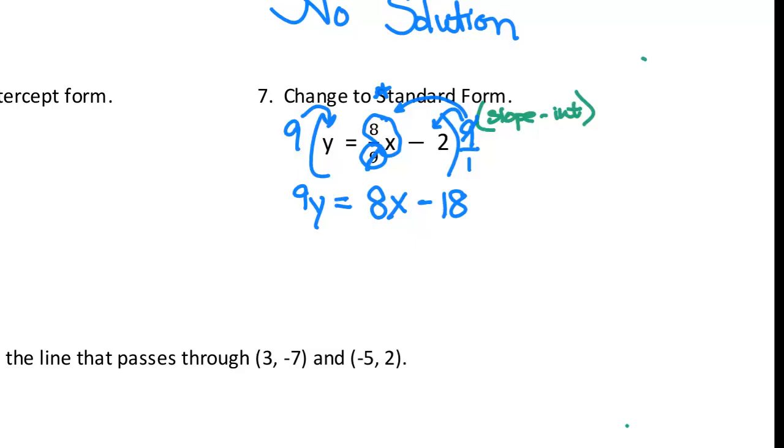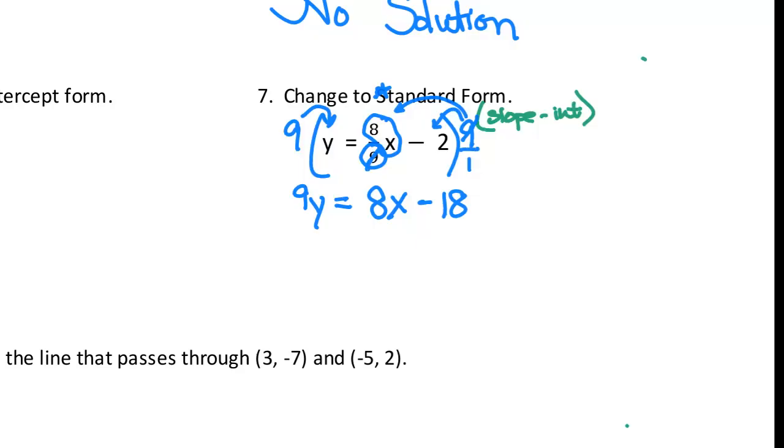Okay, so is that standard form? Is that standard form? ax plus by equals c. What do I need to do? No, I don't want to go back to slope-intercept. And that's what some people will do.